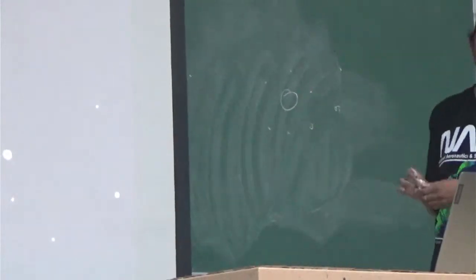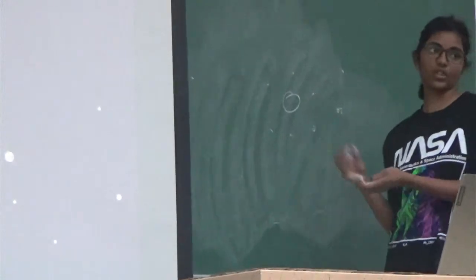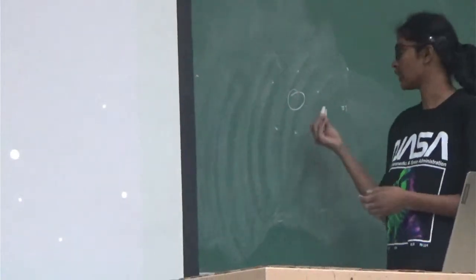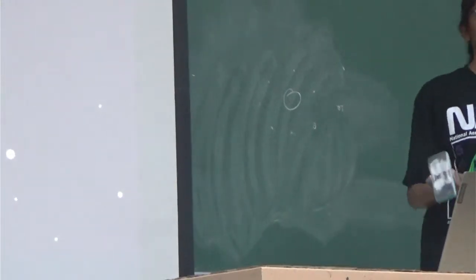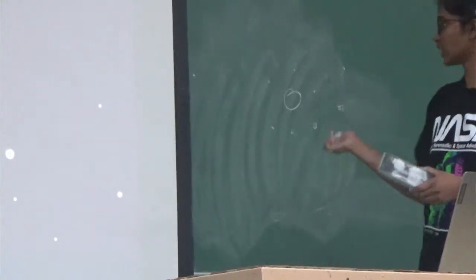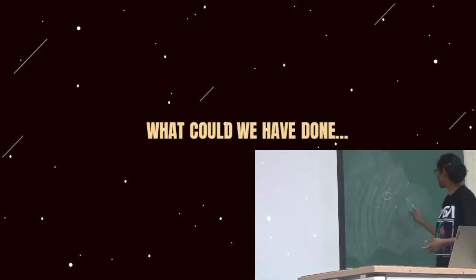So from there we would have the proper trajectory of the moon, and we could have calculated the foci and everything. That was supposed to be a second-hour analysis, but since we did not have the camera oriented properly, we could not do it.